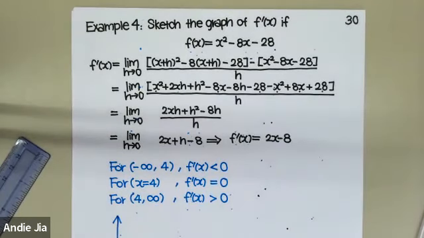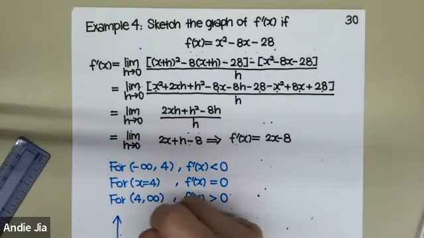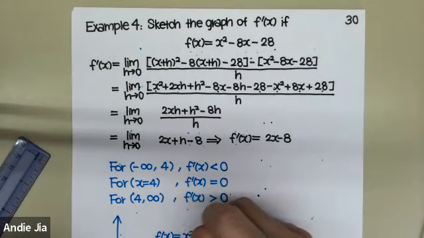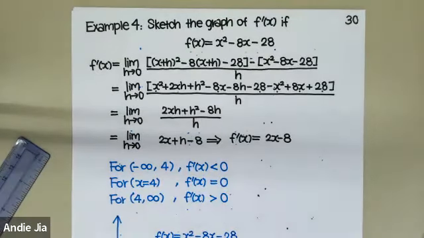If we plug in 1, it is negative 35. So this is more like the graph of x squared minus 8x minus 28.